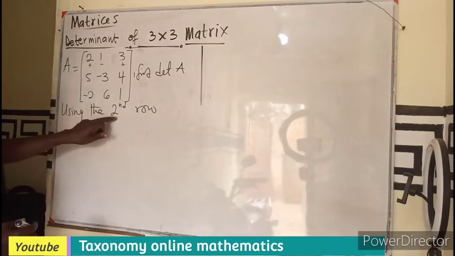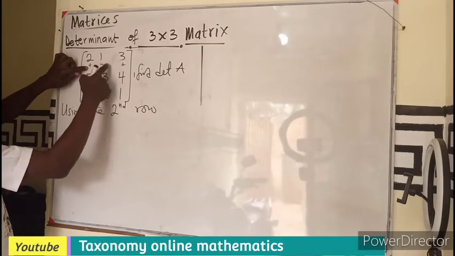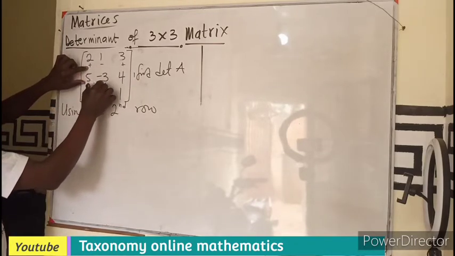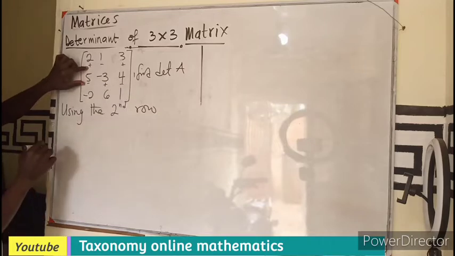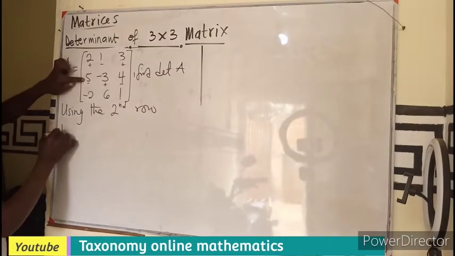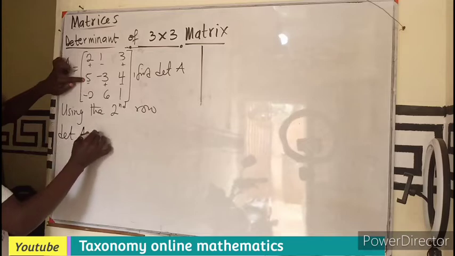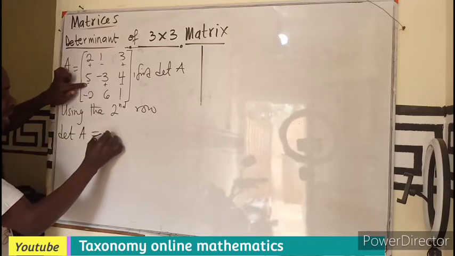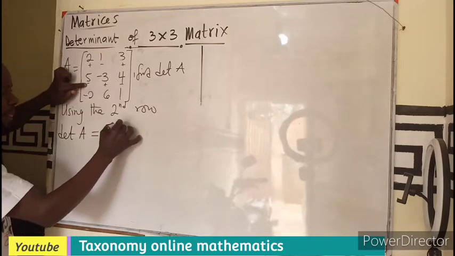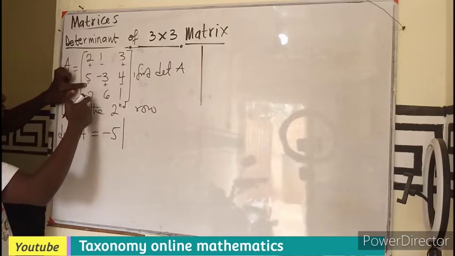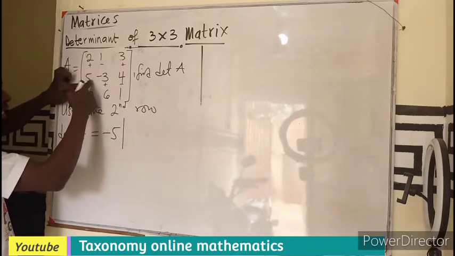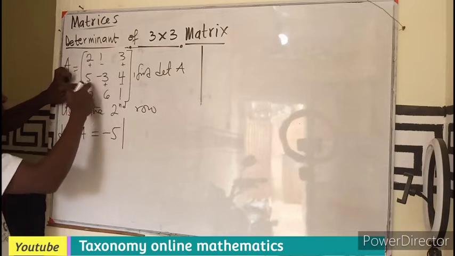So let's take the second row. Don't forget plus, minus, plus, minus, plus, minus, right? So I'm going to start with my determinant of A equals minus. So minus, the element is 5. Take that row, that column out, and this row out. So all this is gone.